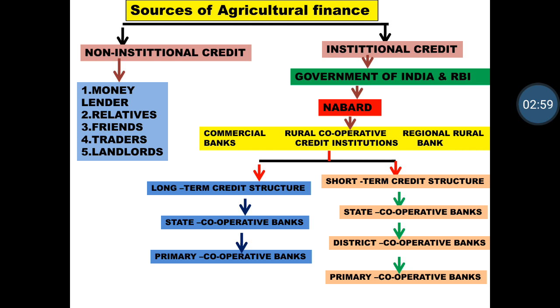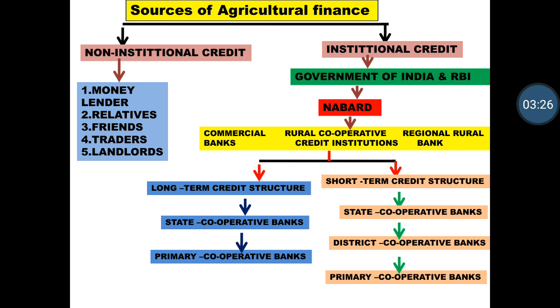Now rural cooperative credit institutions are classified into two categories: long term credit structure and short term credit structure. Long term credit structure is classified into state cooperative and primary cooperative, and short term credit is classified into state cooperative, district cooperative and primary cooperative. So in this way all the farmers can get the funds.